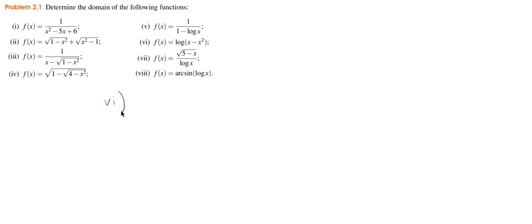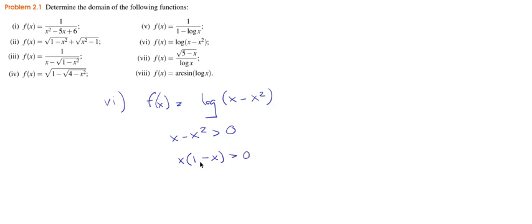Now 6, f of x is the logarithm of x minus x squared, and again, the logarithm is a function that's only defined when its argument is positive, so we want x minus x squared to be greater than 0, okay, so this we can factor out. And so we want either both factors to be positive or both factors to be negative.